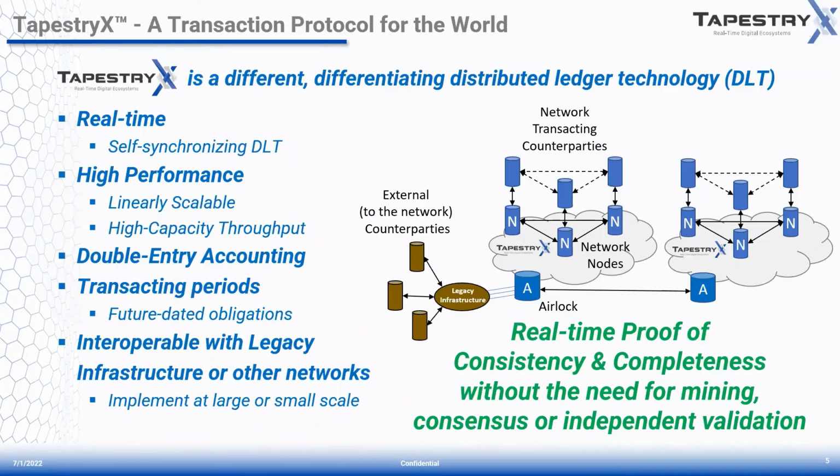So there you have a quick review of TapestryX production system. But the key things to remember are that it's real time, it has high performance, it has the double entry accounting that allows transacting periods to be archived and future dated obligations to be recorded in the immutable record. And it's interoperable with legacy infrastructure and other networks, which then allows it to be implemented flexibly at a large or small scale and grow at any pace you want to.